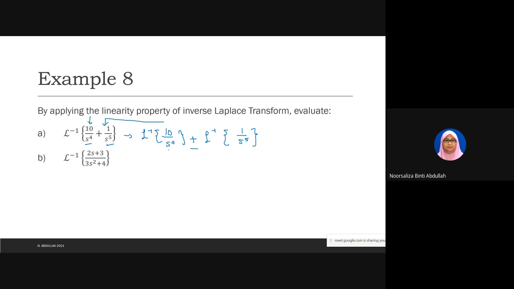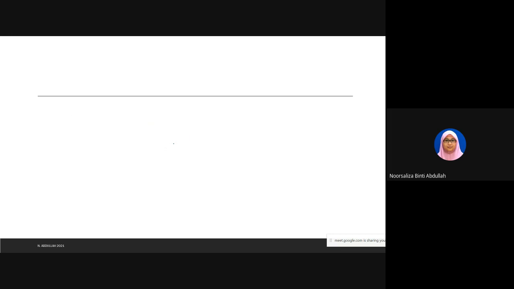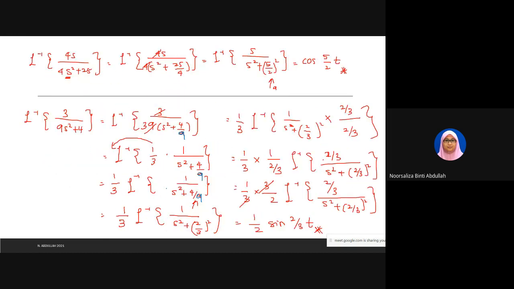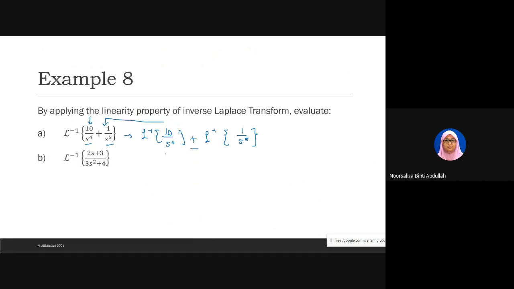So s kuasa 4, you can refer to the table. It will be this one: n factorial over s kuasa n plus 1. So this one is s kuasa 4, so s kuasa n plus 1, so n factorial.